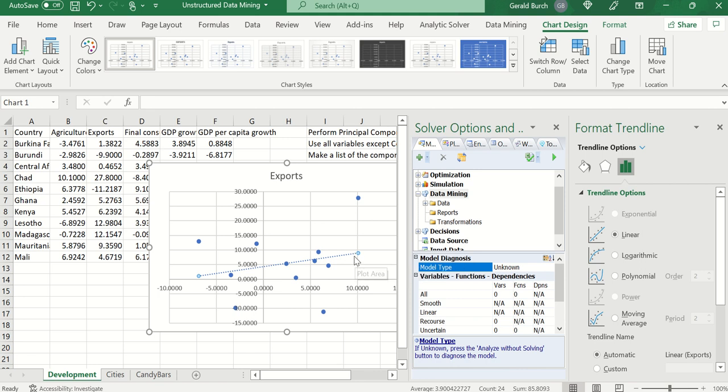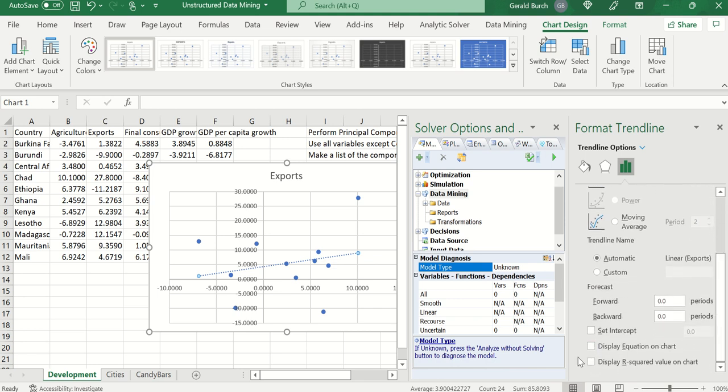The way it knows mathematically that it's the perfect line is that it calculates the distance between each data point and the line, sums up every one of these distances, and adjusts the height and the slope of the line until it minimizes the total distance. At that point, it says, okay, that's our line.